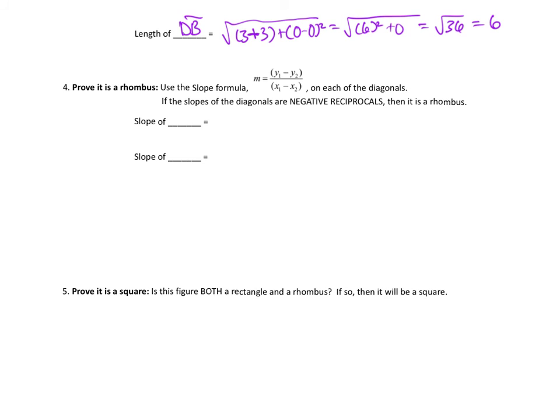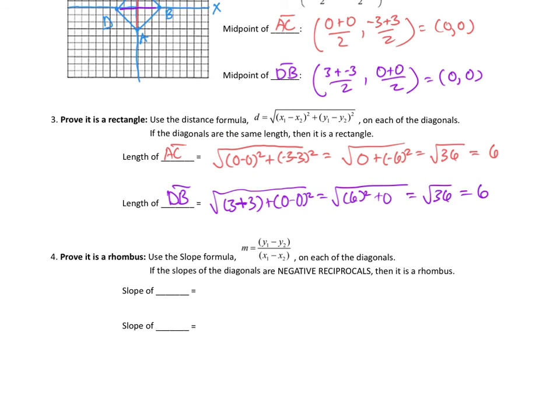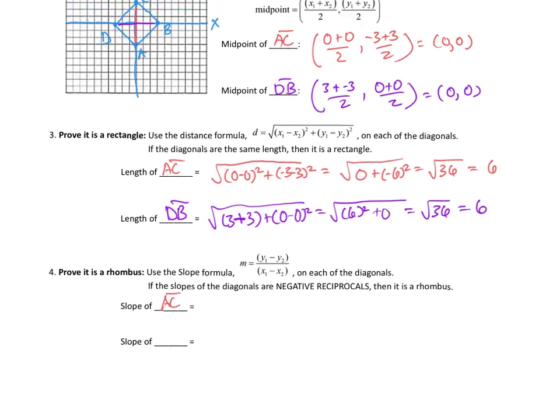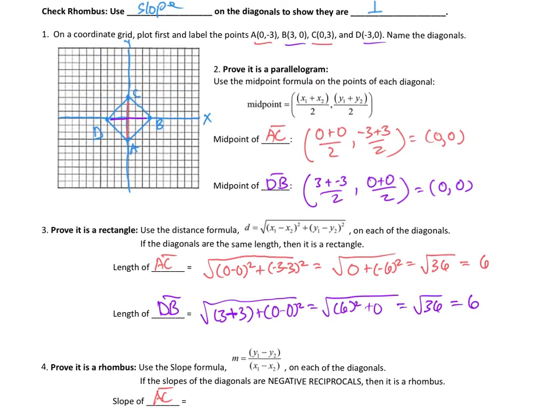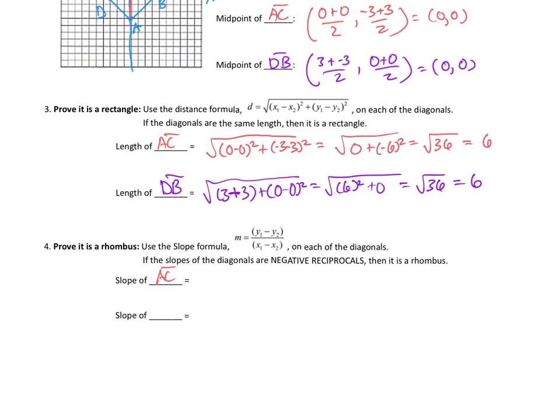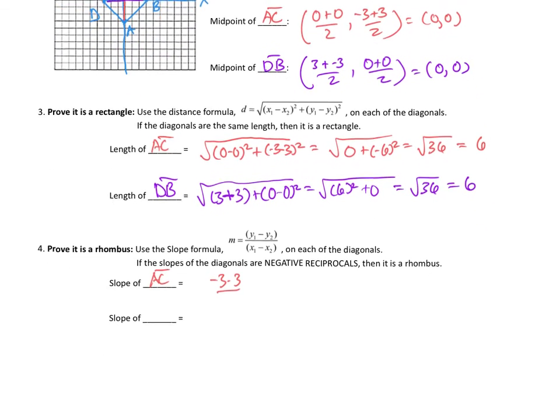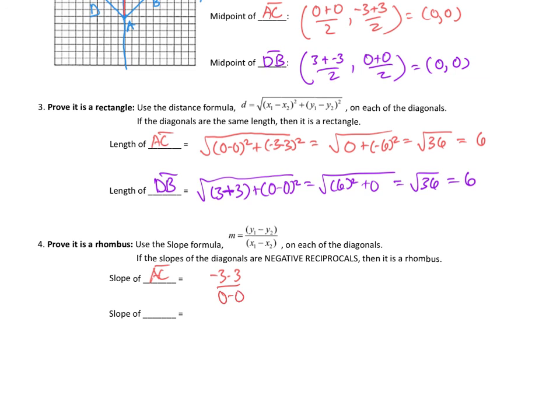Number 4, we want to prove that it's a rhombus by showing that the diagonals are perpendicular using slope. So the slope of AC, our y's first. Our y's are negative 3 and 3. So negative 3 minus 3 over 0 minus 0. Oh, that is a vertical, an up and down slope.